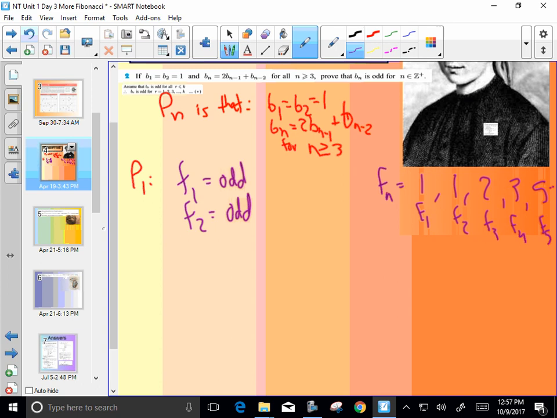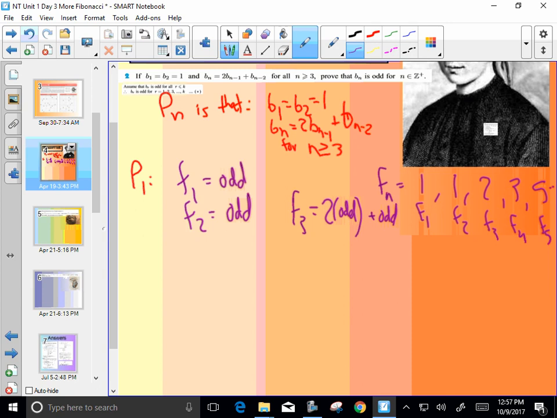So if you look at this one, f of 3 is 2 times this odd, which is f2, or f1, plus f2, which is odd. Is f3 going to be odd? Well, I don't think that it's good enough. It goes 1, 1, 3, 5.